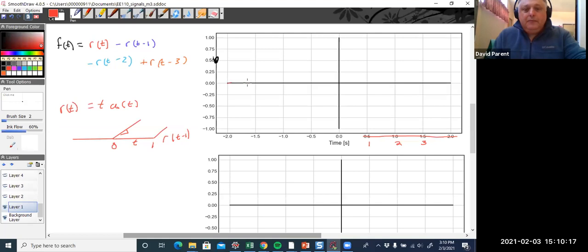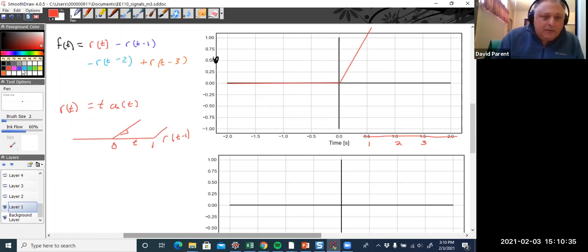So r(t) gives us a slope of 1 at time equals 0. And remember, it keeps going on forever. Can't draw forever, but that's what it's doing.